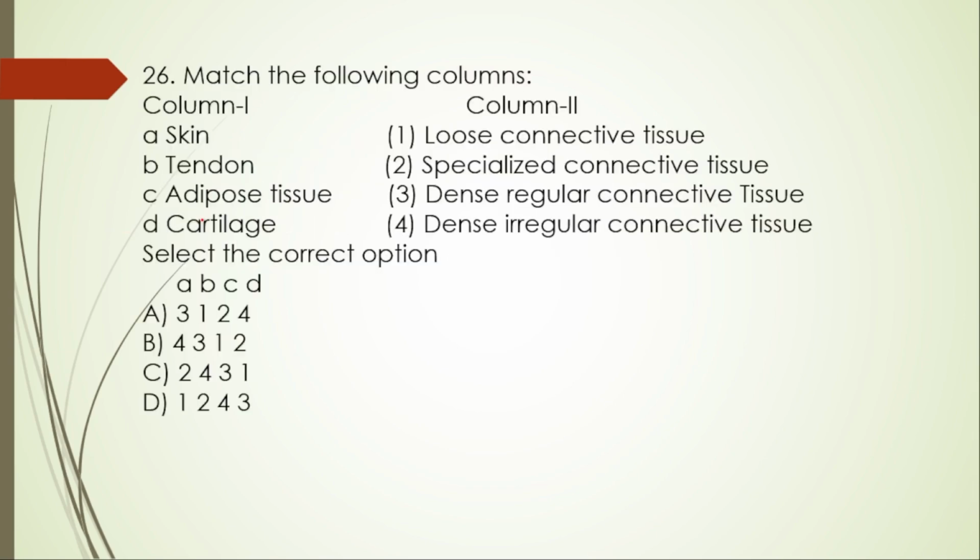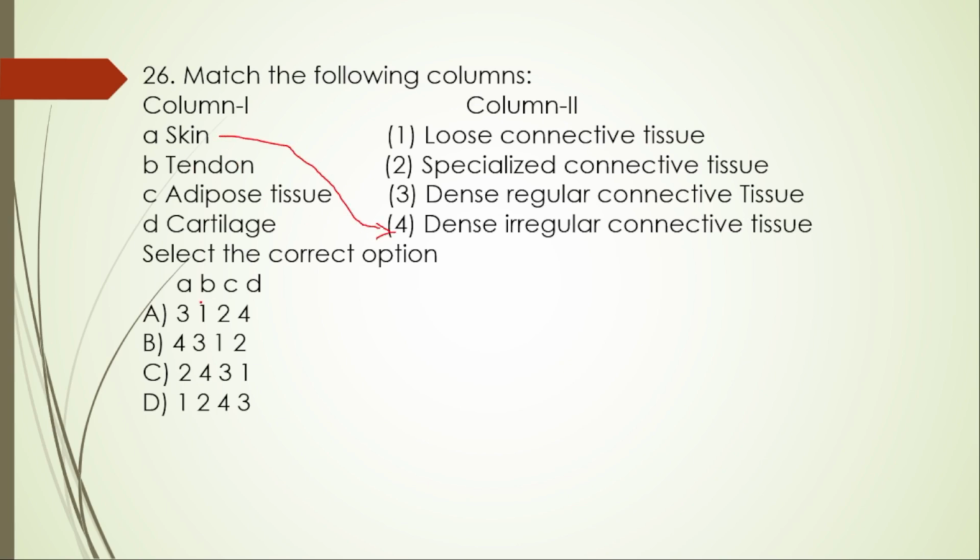Next question, question number 26. Again, a match the following type of question. From this chapter you may expect one compulsory match the following type of question. Here column 1 with column 2. Skin is a dense irregular connective tissue.